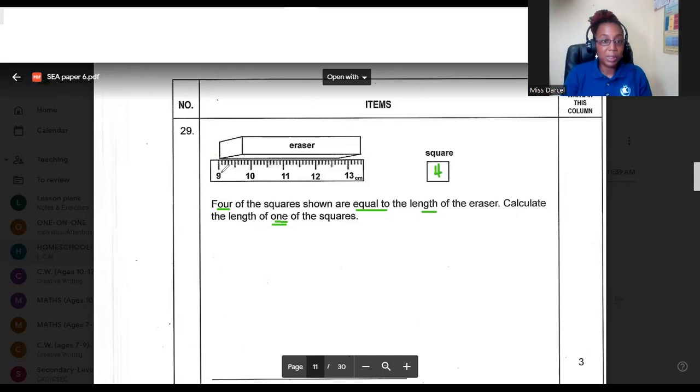So we know this is a centimeter. From here to here is 1. From here to here is 2. From here to here is 3. From here to here is 4. And we know these tiny ones represent 0.1. So 0.1, 0.2, 0.3, 0.4.